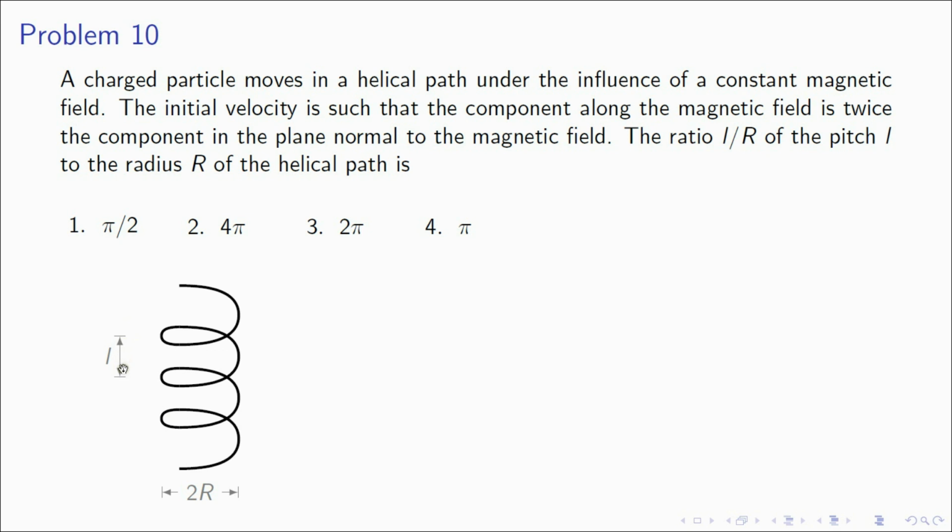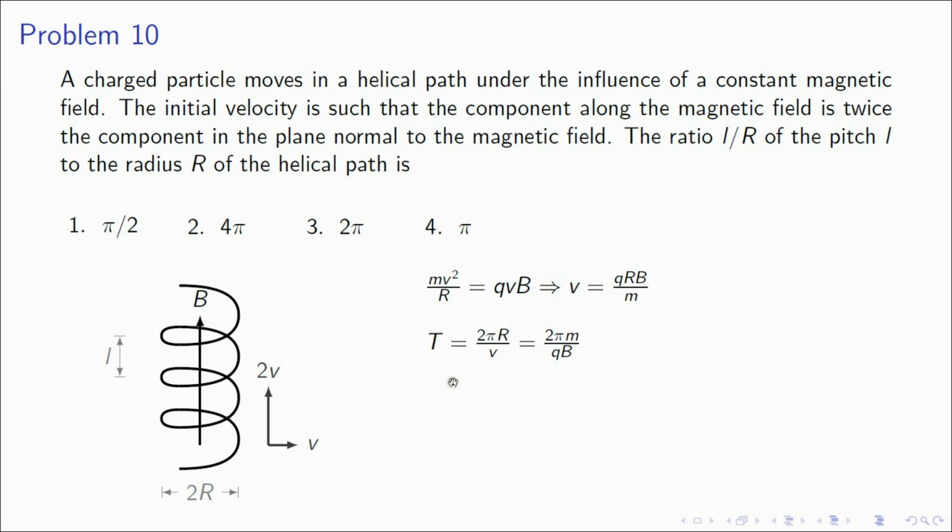So the field of course has to be in this direction, and it's also given that if the velocity perpendicular to B is v, then in the direction parallel to that it's double of that, so this should be 2v. So now for the circular motion you can just write mv square by r is equal to the force, that's qvB, so you get the velocity here.